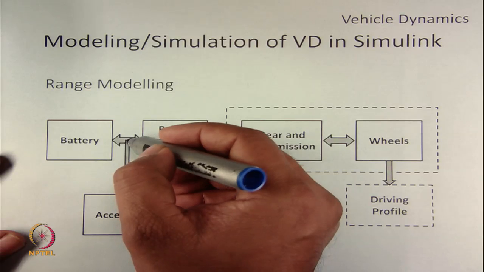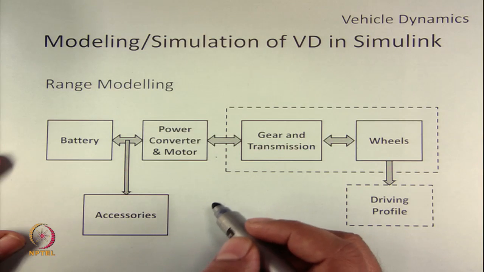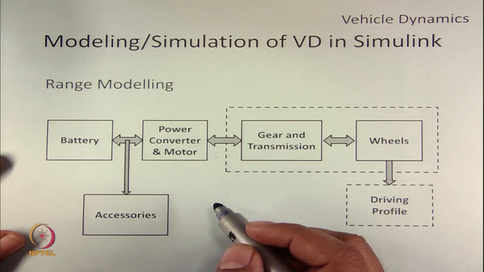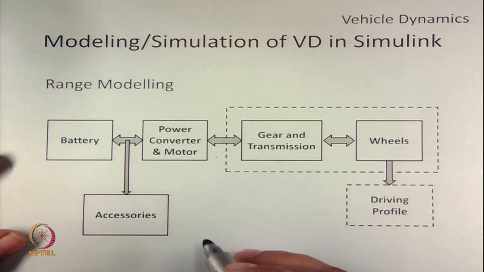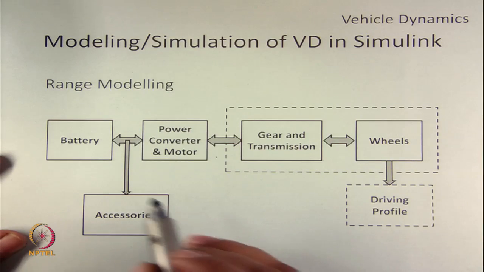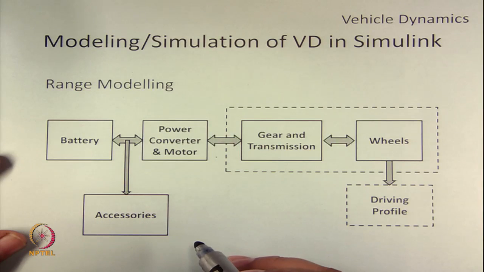The battery also needs to support the power requirement of accessories such as air conditioner, heater, power steering, infotainment, and other things. So, when we want to model the total system, we have to model each of these subsystems individually.